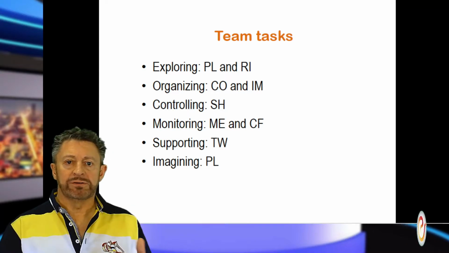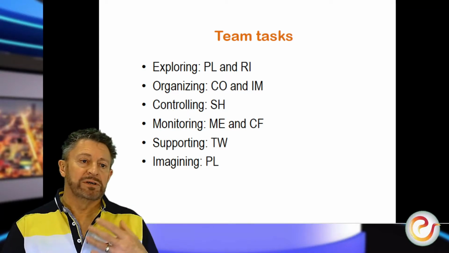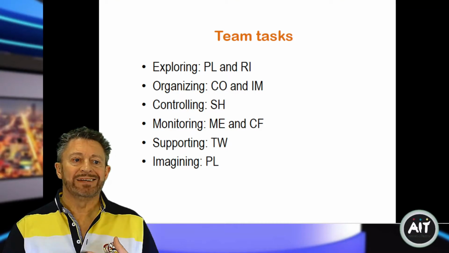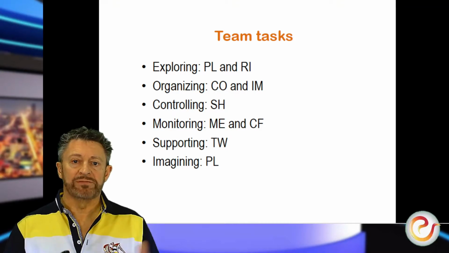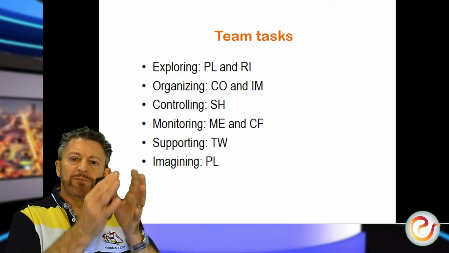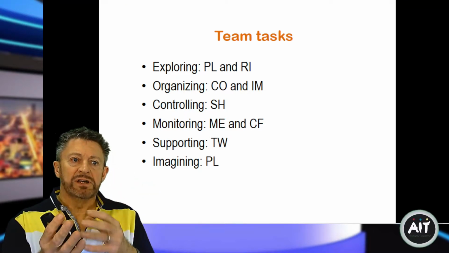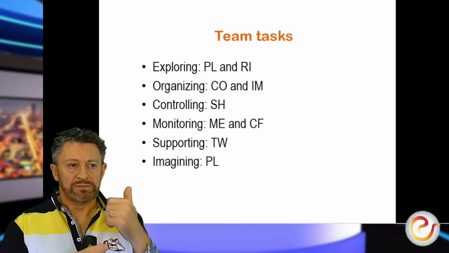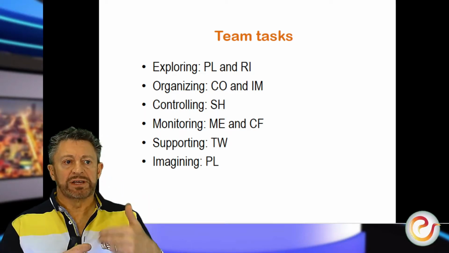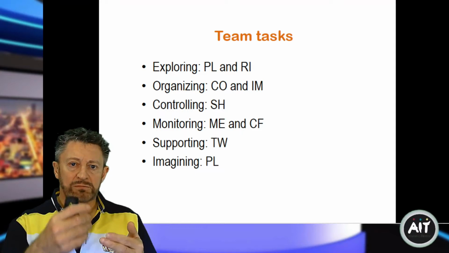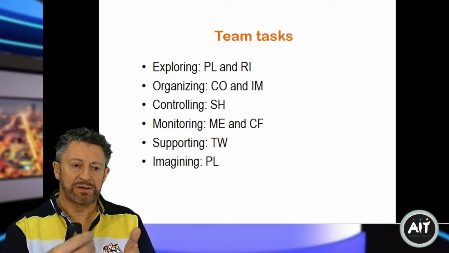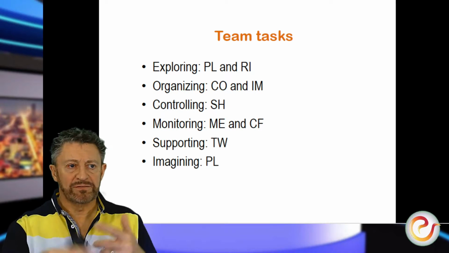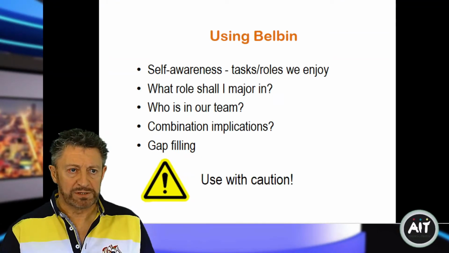And then you have the monitor evaluator, and then supporting the team worker, getting things done, and imagining the plant, the creative ideas. So these are generally the functions that these combined roles or individual roles contribute towards in terms of exploring ideas, getting us all together, focusing on what has to be done, monitoring the pace and effect that's going, looking for support when needed, and then coming up with ideas and feeding back into this loop, so to speak.